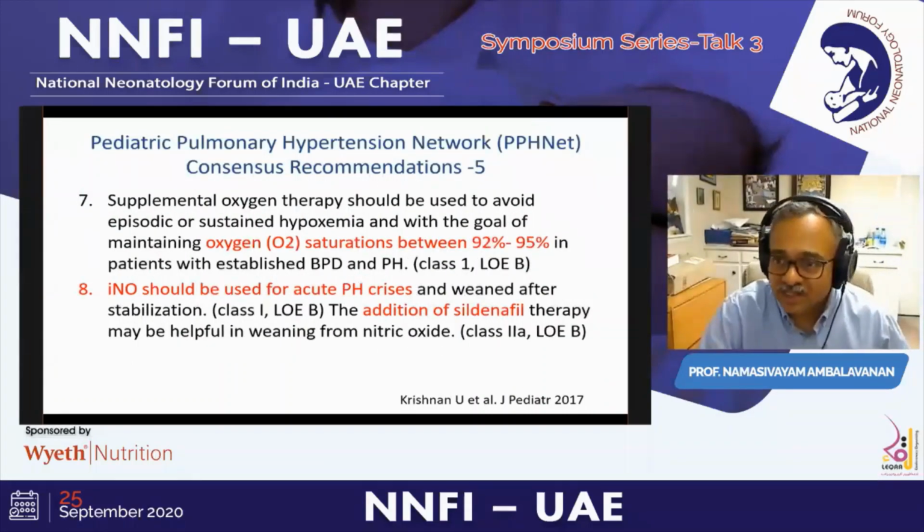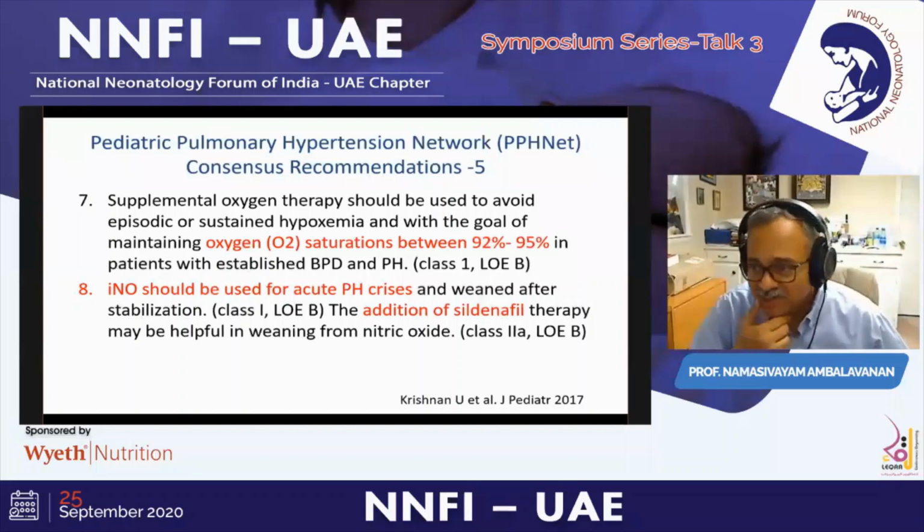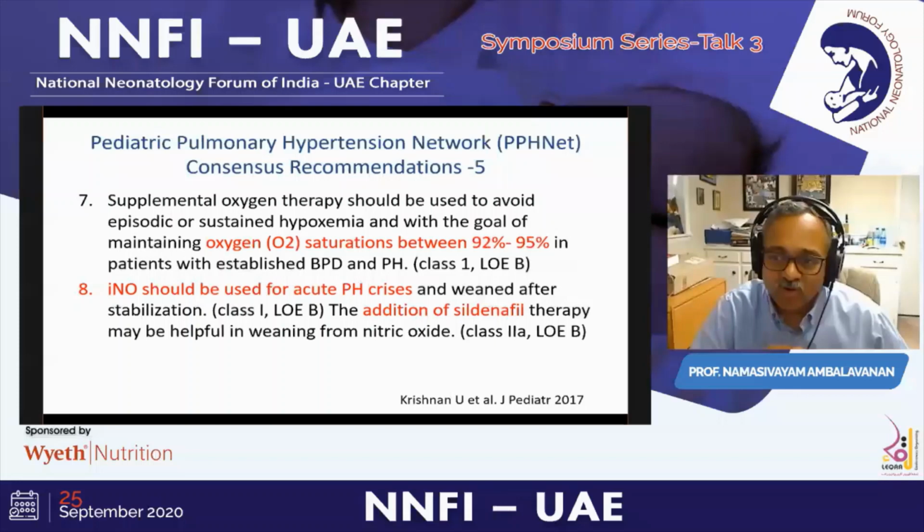It is recommended that oxygen saturations be maintained between 92 and 95% in patients with established BPD and pulmonary hypertension. So similar to what Dr. Vineet Bhandari mentioned in the previous talk, we set our alarm limits between 88 and 95, with the goal between 90 and 95 in preterm infants. But suppose the infant develops pulmonary hypertension, then we reset the limits slightly higher.